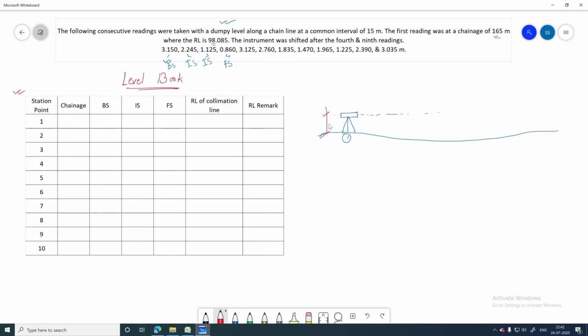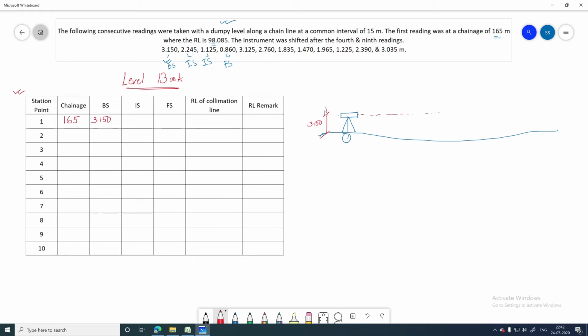This particular height is the backsight reading, and the value is 3.150. So we will place here the value of the backsight reading, 3.150, and the chainage, as given, is that the first reading was at a chainage of 165. So the chainage here is 165.